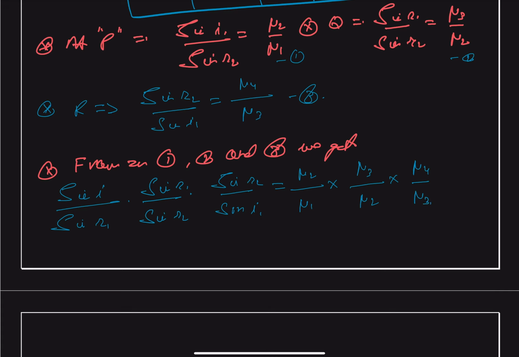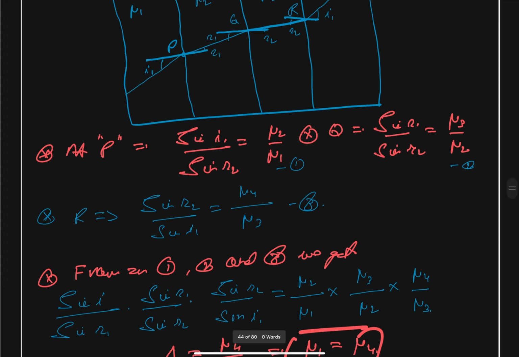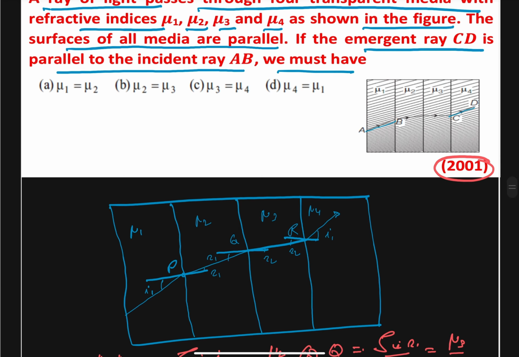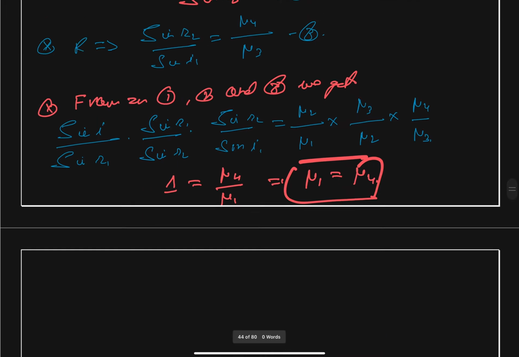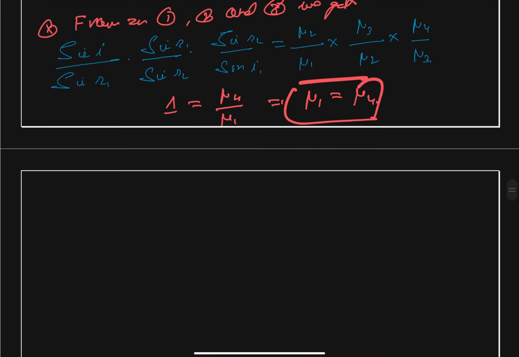So from the left, we can easily see that this entire product will be equal to 1, and from the right, we will be left with only mu4 upon mu1. So this gives us that mu1 is equal to mu4. So option D is the correct one.